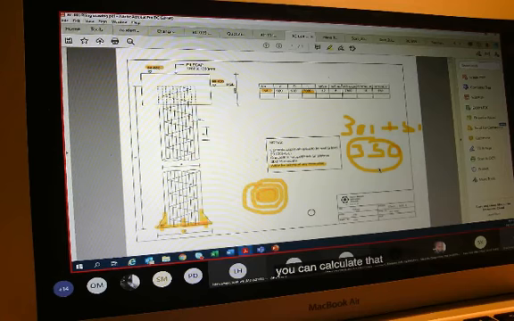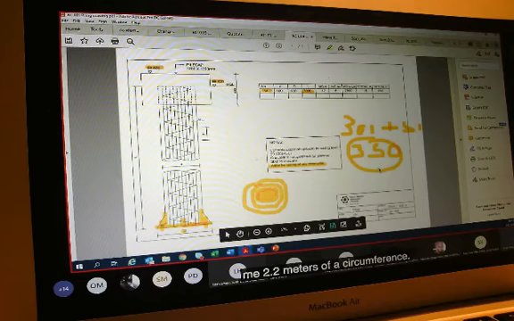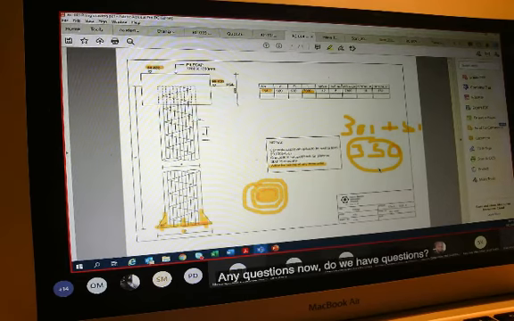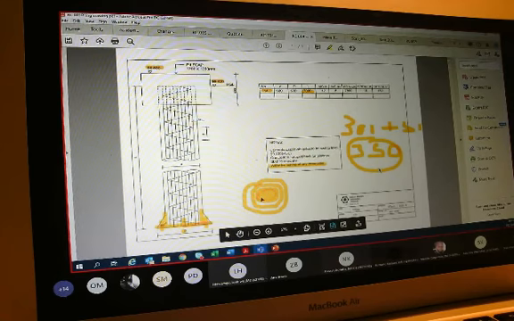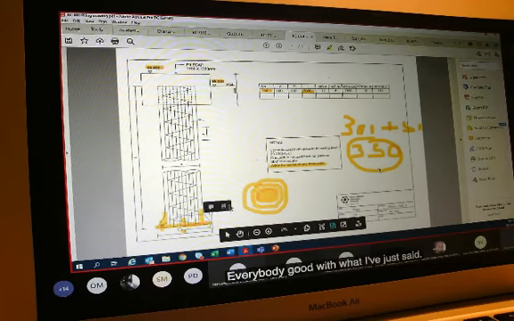The circumference is then 2 times pi times the new radius of 350, which, if you calculate that, should give you 2.1991. So in essence that gives me 2.2 meters of circumference.